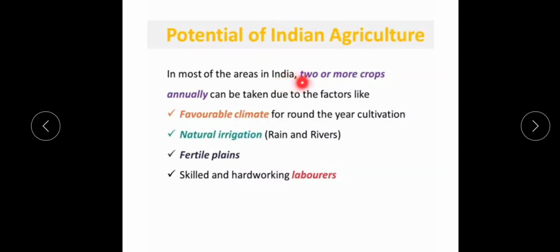But there are certain factors acting as the potential of Indian agriculture. That is favorable climate for round-the-year cultivation. We have proper natural irrigation through rain and rivers, a very vast fertile plain, and skilled and hardworking laborers, that is, farmers.